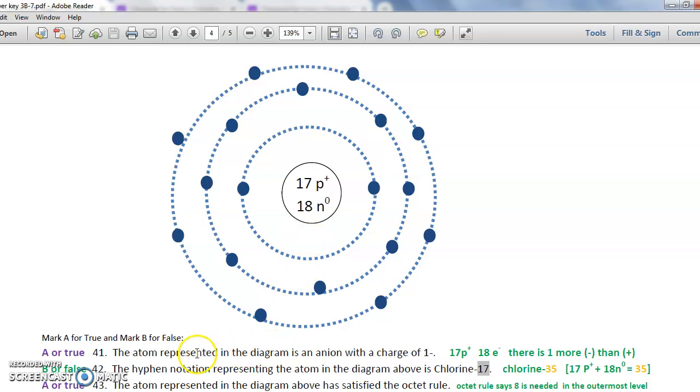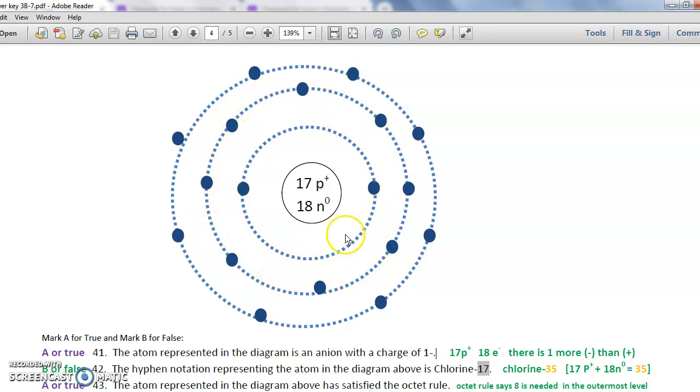Now, this very first question is asking us if the charge is 1 minus. It says the atom drawn here has a charge of 1 minus. 1 minus means there should be one more negative particle, or electron, going around the nucleus than there are protons in the nucleus. So this one has 2 on the first level. That's all it holds. This one has 8 on the next level.